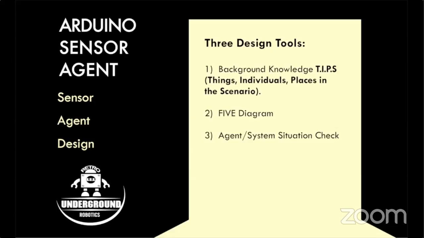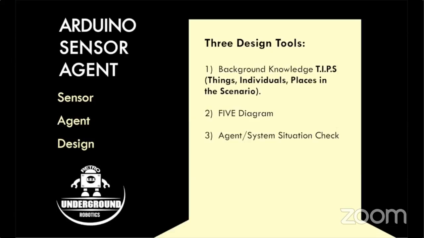This is free software that you can download, available for Windows, Mac, or Linux. I highly recommend LibreOffice. It's very robust, very feature complete software. In anything that you need to do in a design phase, believe it or not, you can get it done with this software. So if you don't have anything particular, I recommend LibreOffice.